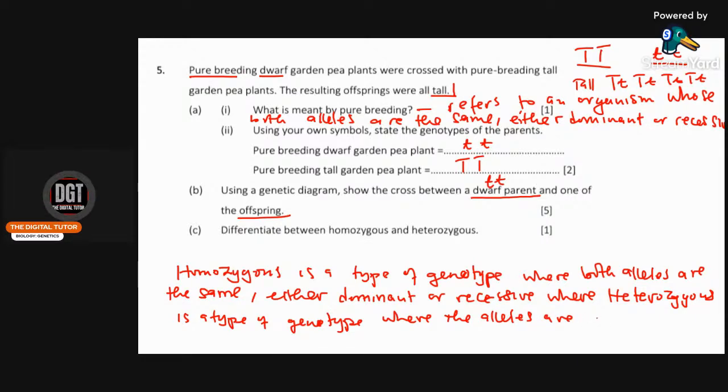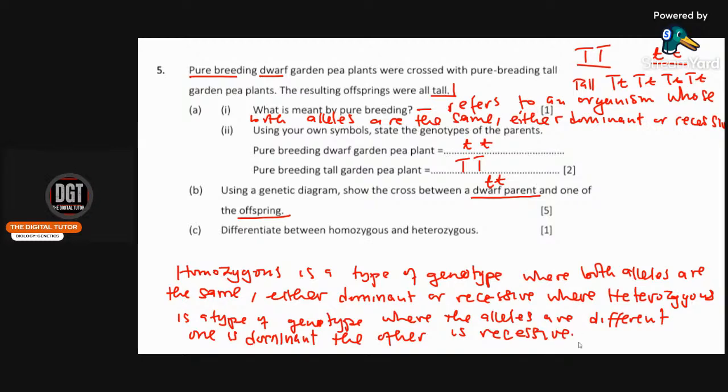Okay, the alleles are different. So one is dominant, the other is recessive. So that is how we differentiate them.